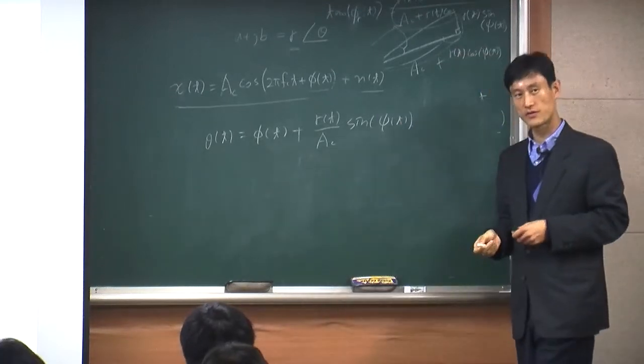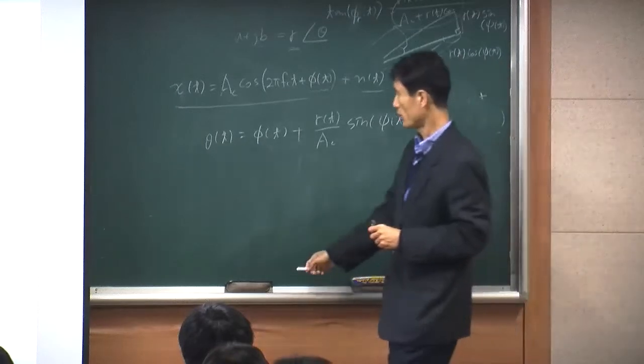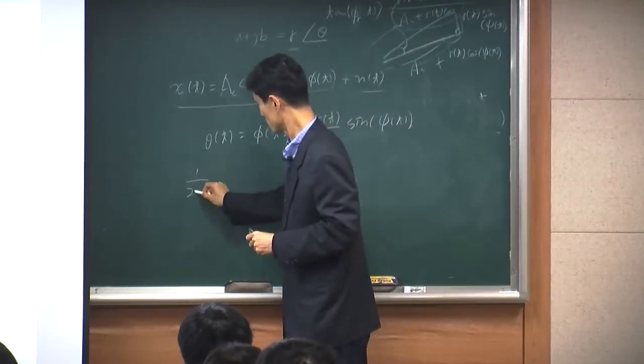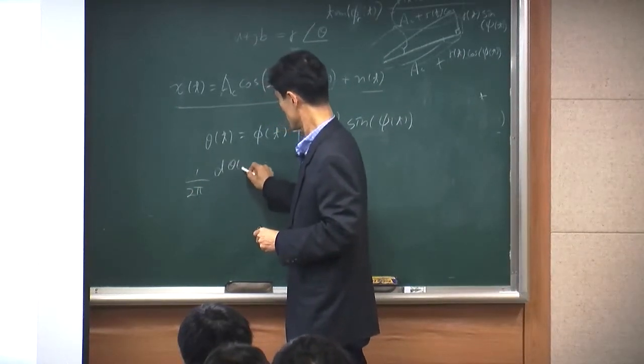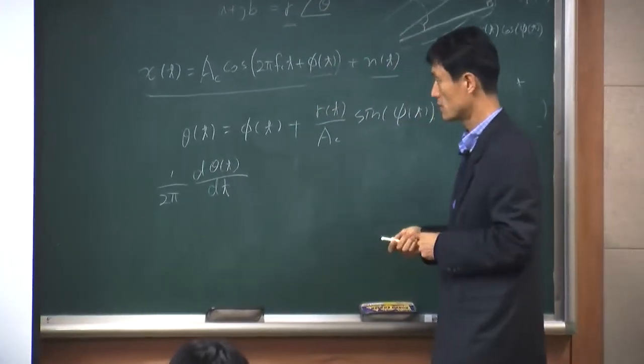So this is the phase of your x(t). Now what we want to do is take the time derivative like this.